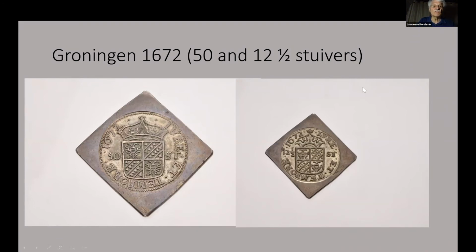I have the 50 and the 12 and a half here. The stivers, several varieties. You have a variety here with a large stamp or a smaller stamp of the 50. For the 12 and a half, 25, and the 6 1/4, the varieties aren't that noticeable. Maybe a few from the strikings, but not much more.